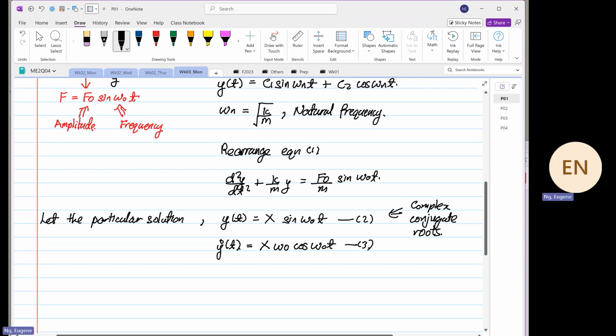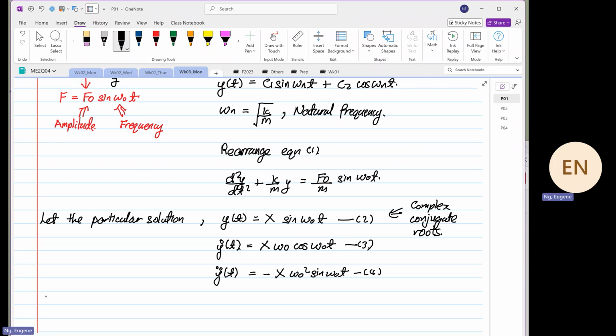And then we differentiate again. This will become minus x omega naught squared sine omega naught t. And this is our equation number 4.